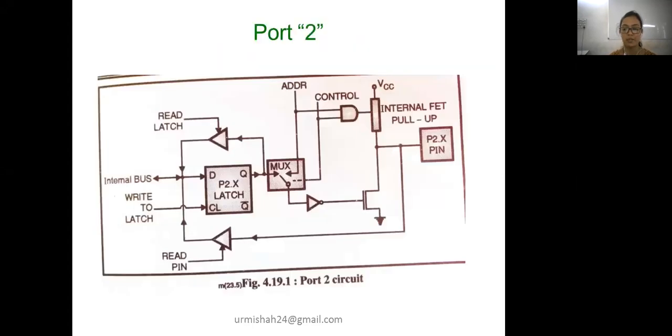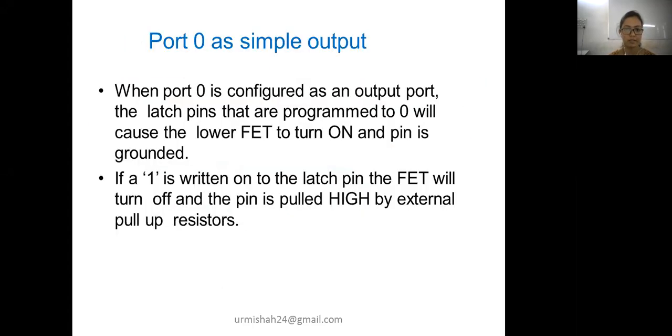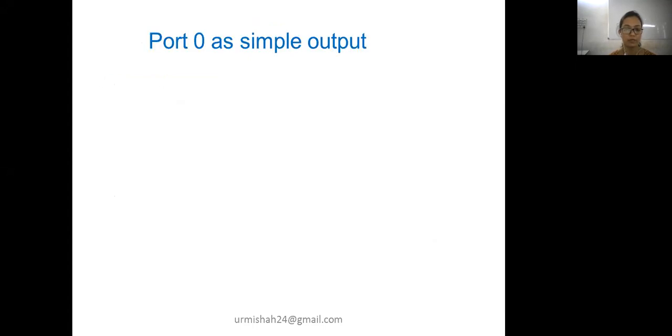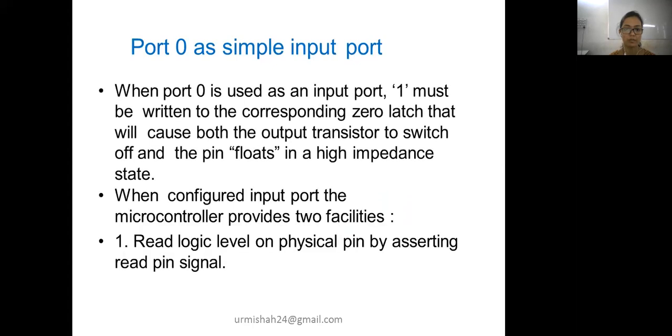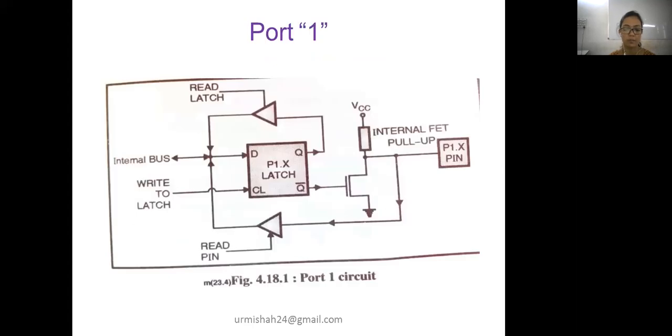Now the next port is port 2. Port 1 we have already discussed. Port 0 also we have discussed. Both the diagrams are similar, with slight modifications in both ports. So this is port 1.